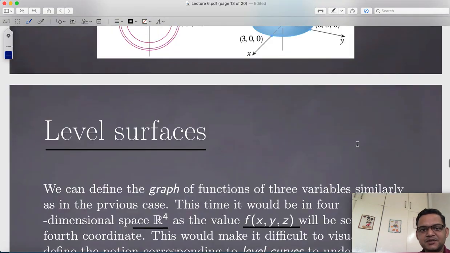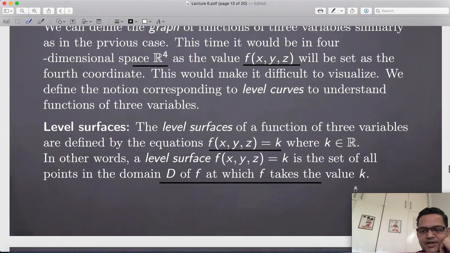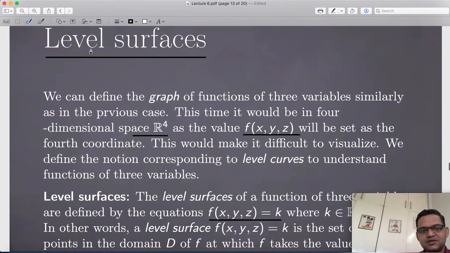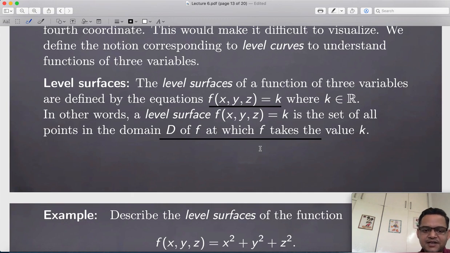I have written in the previous slide also that k is called the height of the label curve. So at height k, you look at the label curves, and when you are talking about functions of 3 variables, they are not called curves because they are surfaces. All right, so label curves in R2 and label surfaces in the case of functions of 3 variables.